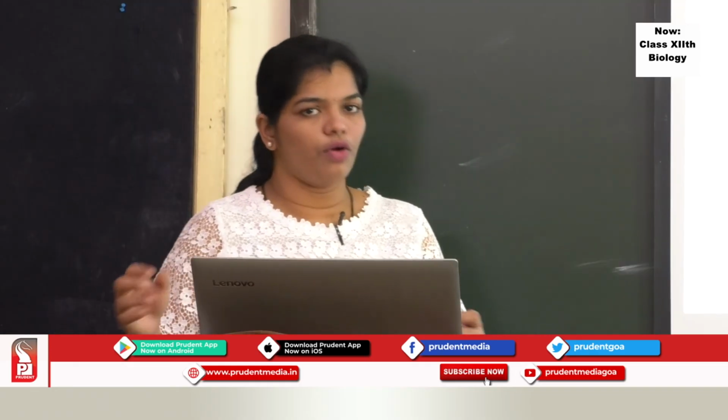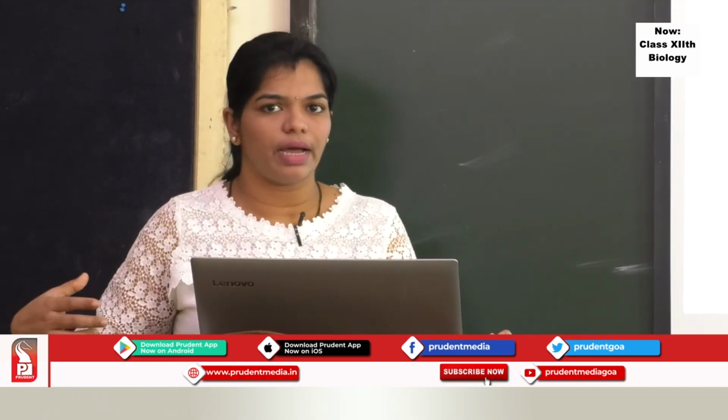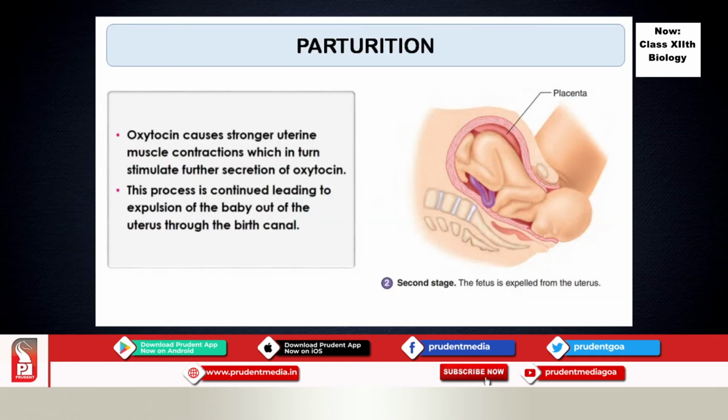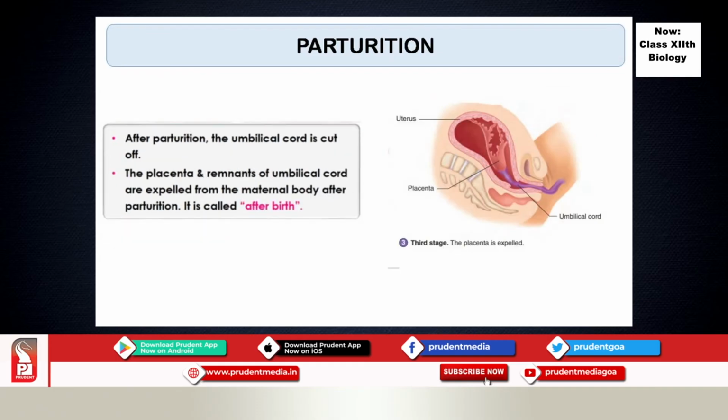This process of the fetus coming out is followed by the continued expulsion of the baby out of the uterus through the birth canal. So, the baby is coming out through the birth canal, and last, the third stage, once the baby comes out, the placenta is expelled out.